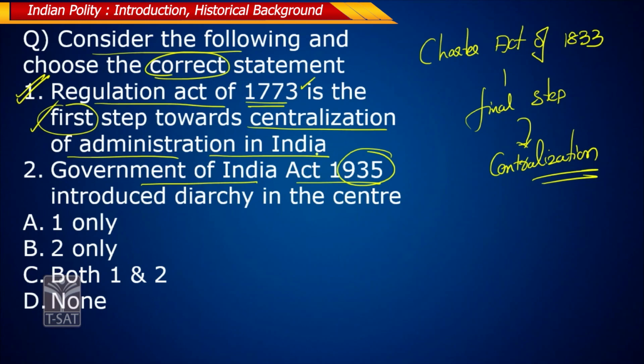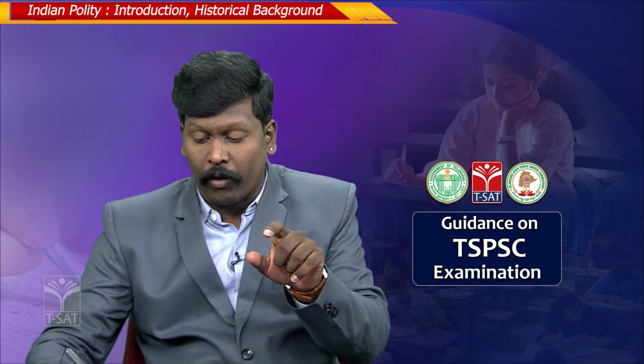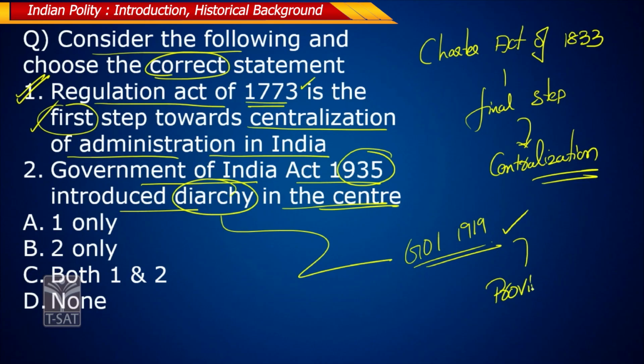Look at the second statement. Government of India Act 1935 introduced diarchy in the center. See, diarchy was actually introduced by Government of India Act 1919, which is called Montagu-Chelmsford reforms. Even though diarchy was introduced by the 1919 Act, it was introduced in provinces. So, in the center, it was introduced by Government of India Act 1935.